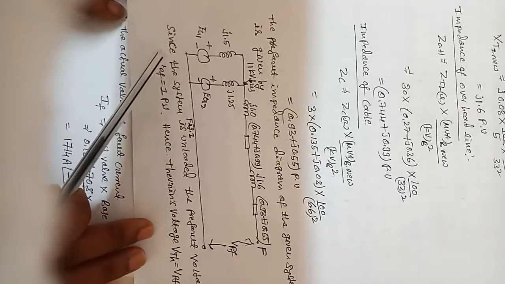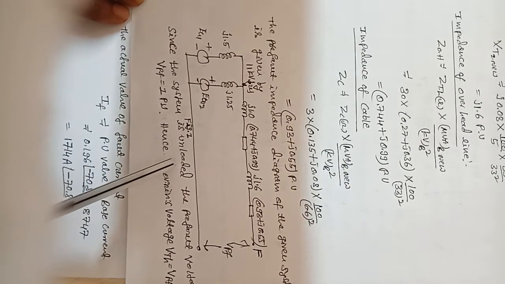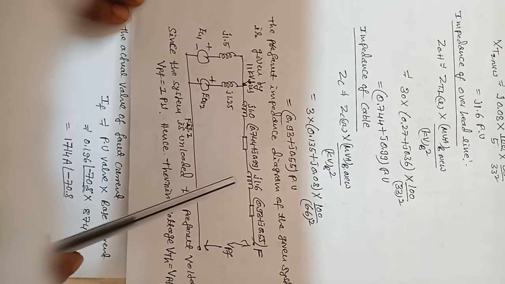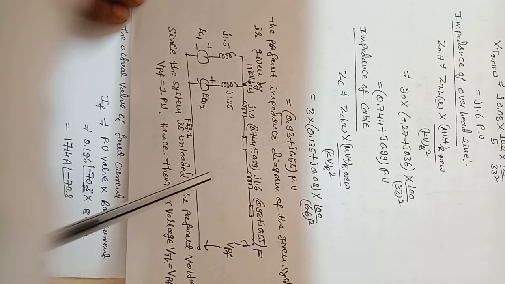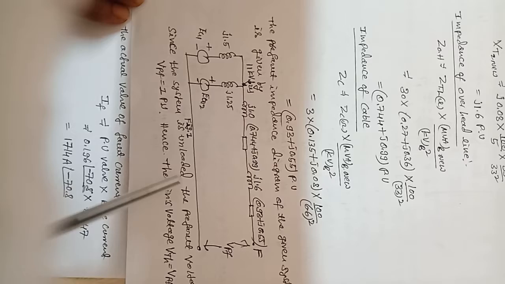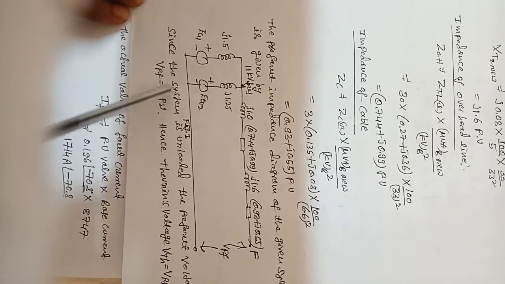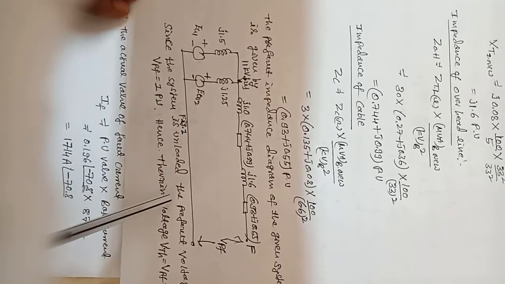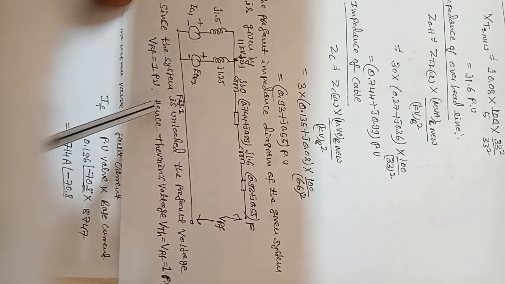Because now I am going to use Thevenin's circuit. I need to find the fault current. Fault current, IF, equals VTH, that is Thevenin's voltage, divided by Thevenin's impedance. If I know Thevenin's voltage and Thevenin's impedance, I can easily find the fault current. Since the system is unloaded, the pre-fault voltage VPF equals 1 per unit.